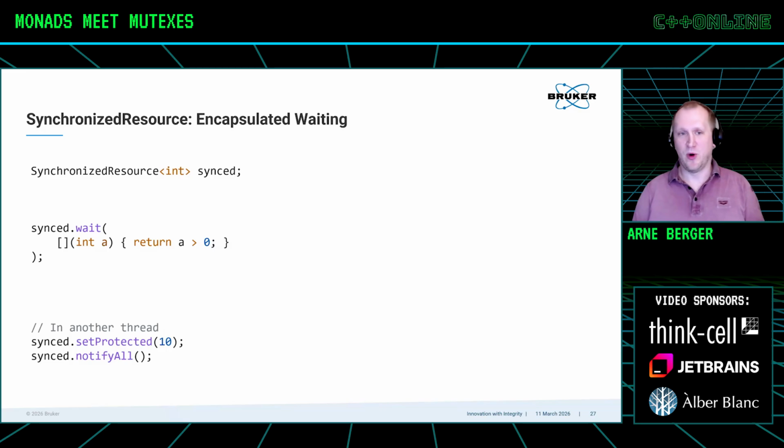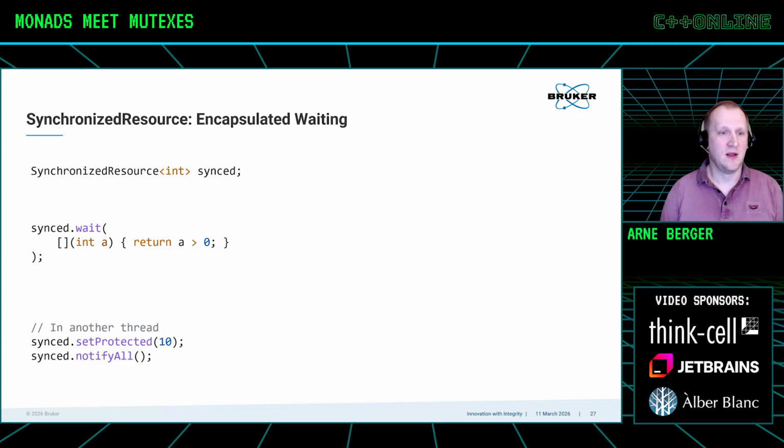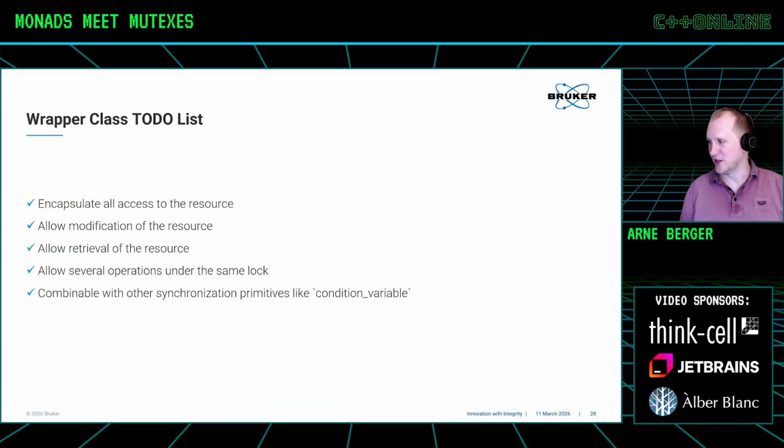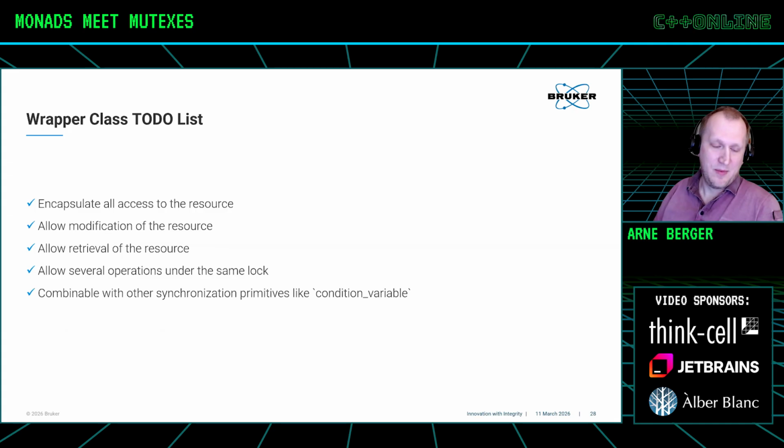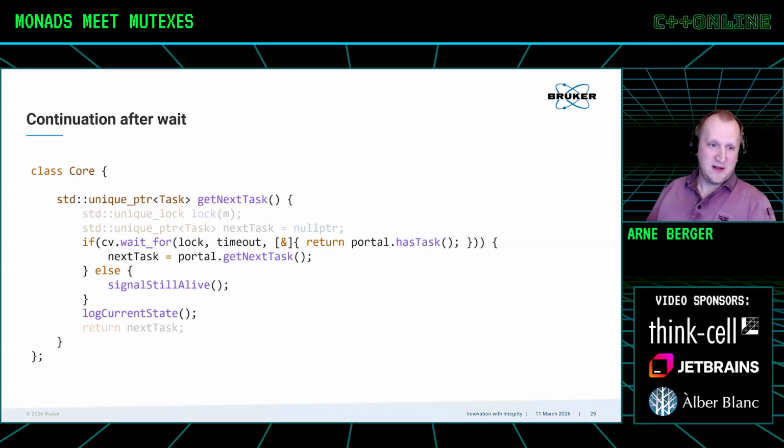And there was a point during my implementation when I thought, okay, that's all, I'm done. And if I look at my to-do list, yes, looks like I'm done. I now have a condition variable here. All is fine. But if I look back at the example I had at the highlighted code, there's one thing that is not possible with the current API I proposed.